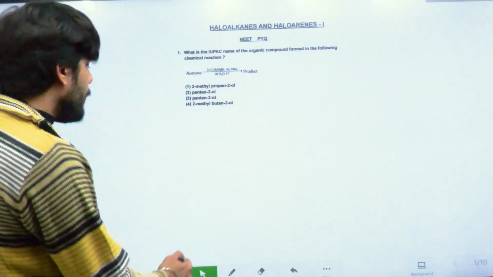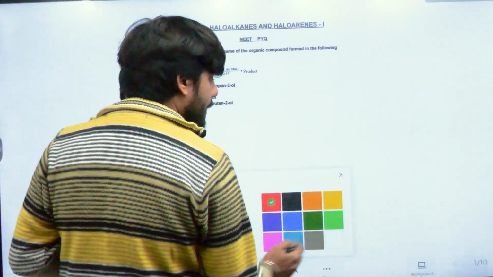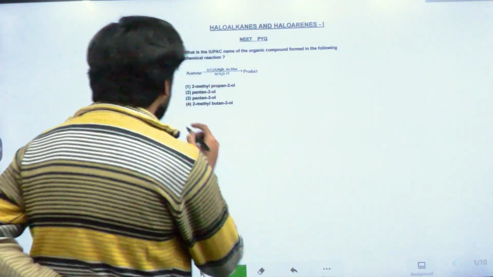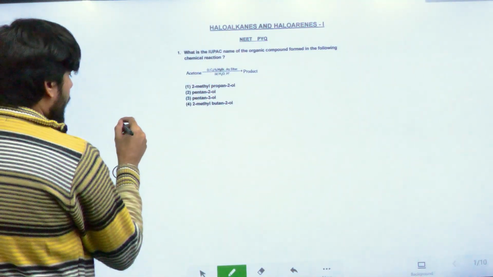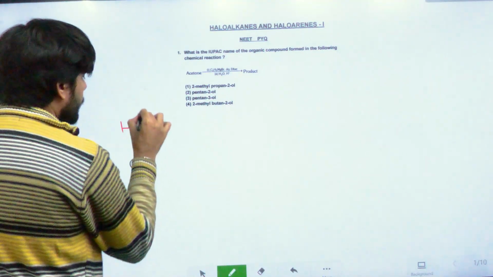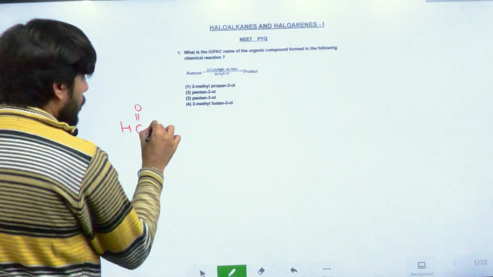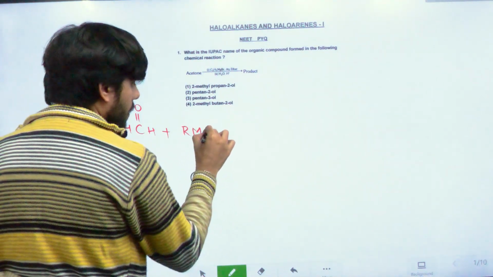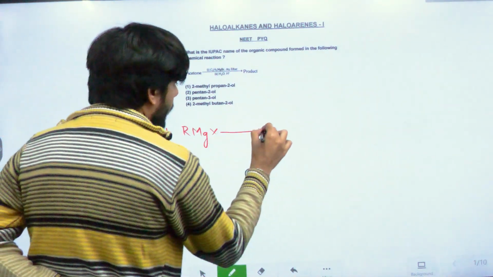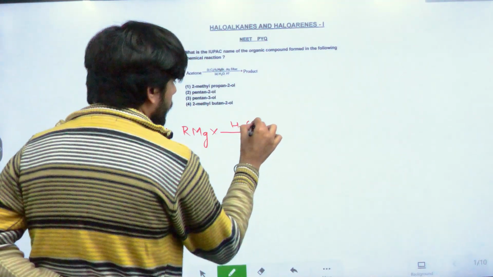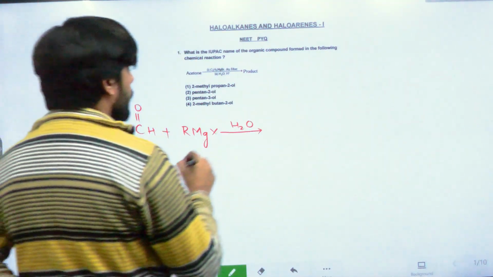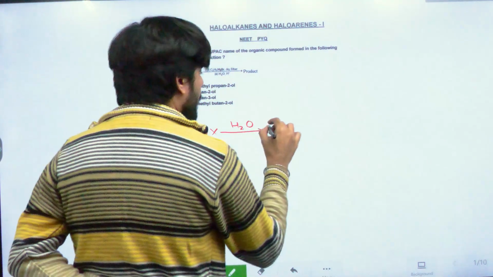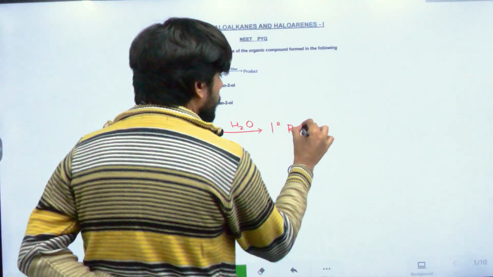Now, we have started the preparation methods of alcohols, and there we studied that the reaction of formaldehyde with Grignard reagent followed by hydrolysis results in the formation of 1-degree alcohol.